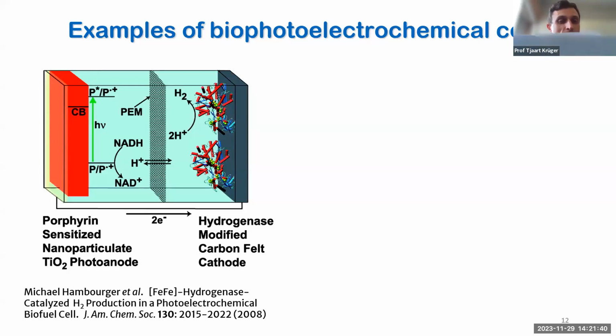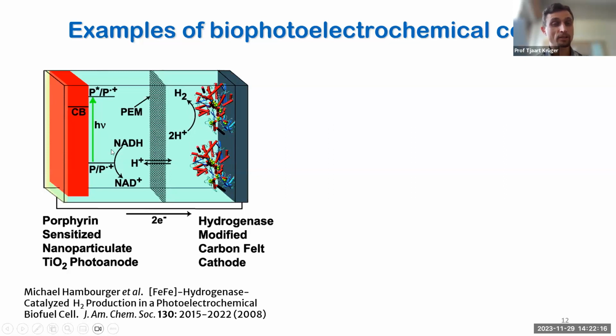The first example here is a dye-sensitized solar cell, where the dye is porphyrin, and it's sensitizing titanium dioxide, which is a photoanode. So upon photoexcitation, this porphyrin is excited, and it then transfers an electron to the conduction band of titanium dioxide, and that means that we have a porphyrin radical cation, which is a passive molecule.